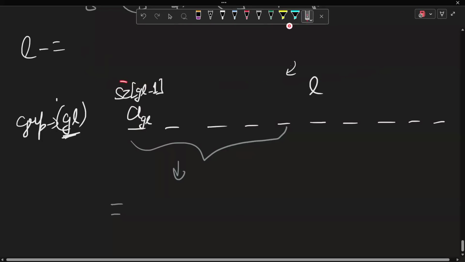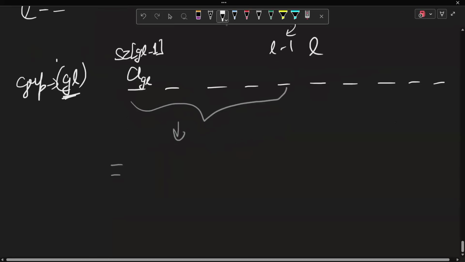So if this is L, this index is L minus 1. Leave it like that. If this is A of GL, this would be A of GL plus 1.